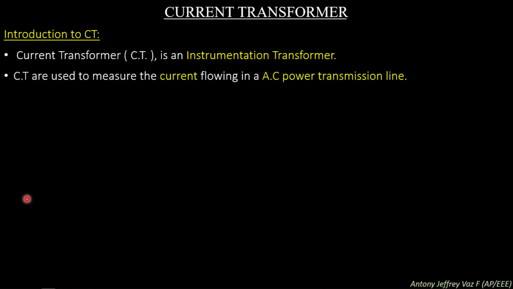If we transmit this 11 kV to other place using a very long transmission line, due to resistance present in the transmission line, the generated voltage will get dropped down because of I square R loss.